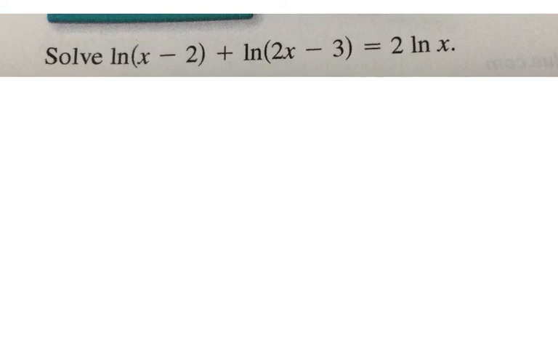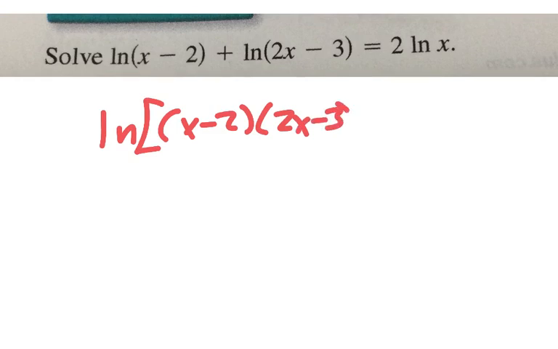That way I can drop the logarithms. So right now on the left side I have 2 logarithms, but they're both log base e, and there's addition between them. So I can rewrite addition of logs as multiplication of the arguments. So this is the same thing as x minus 2 times 2x minus 3.